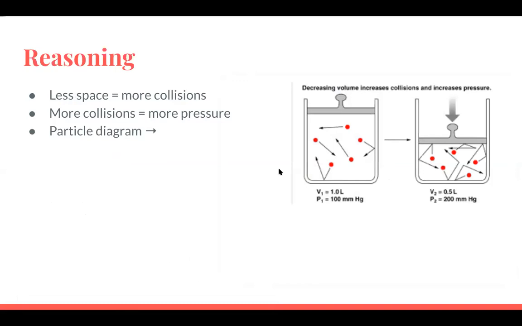The reasoning part of this was pretty good. There were a few things I'd like to see some more of. Generally speaking, we agreed that less space means more collisions with the walls of the container. The particle diagram is handy here. Here's a big container, here's a smaller container, and the particles are going to hit things more often. There's less free space to roam around in.